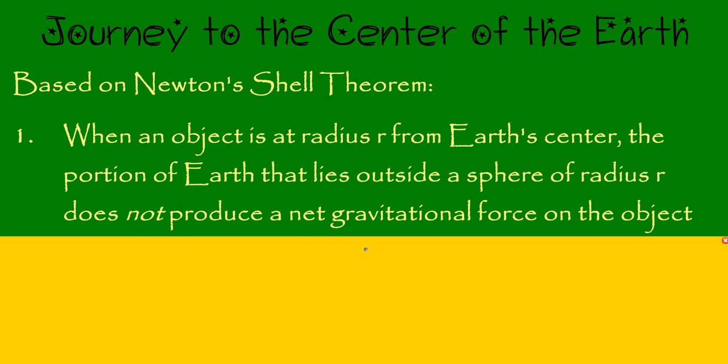What I'm saying here is that if our object were inside Earth, a distance r from the center, so there's my distance r, I don't care about all the mass that is outside of r. So all of this mass out here does not affect the gravitational force. Only the stuff inside r does.